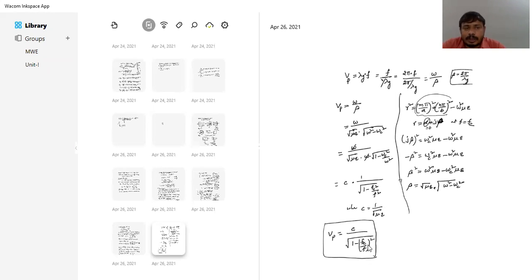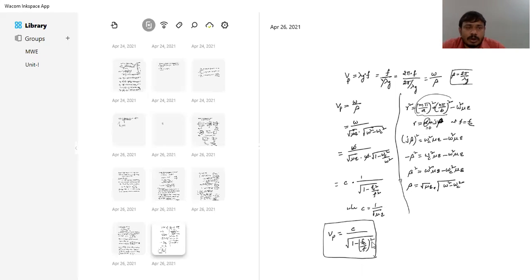So any equation, whether phase velocity, group velocity, guided wavelength, or impedance for the TE mode or TM mode, or power losses, we can express in terms of root 1 minus fc by f whole square for frequency, or root 1 minus lambda by lambda c whole square for wavelength.